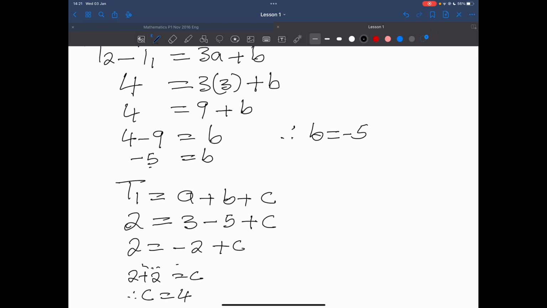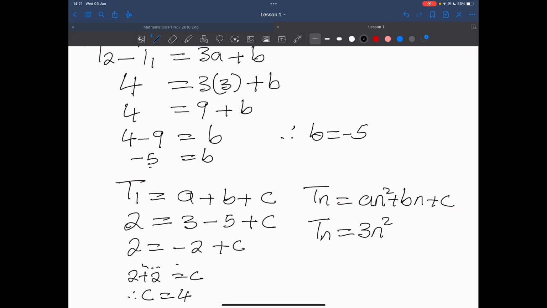So now we have our value of a, our value of b, and our value of c. So we substitute them on our number pattern, which we said is an squared plus bn plus c. So in other words, the general term for this number pattern, we said a is 3, so it's 3n squared.